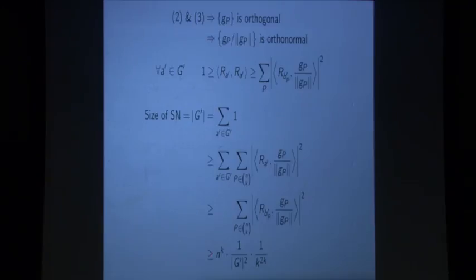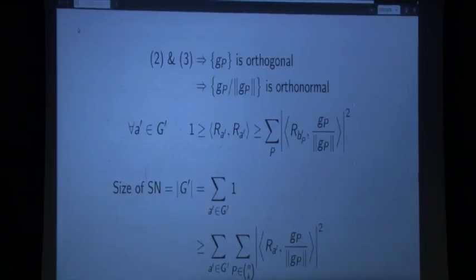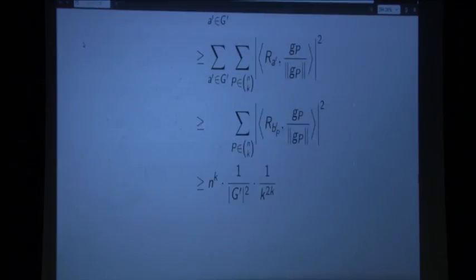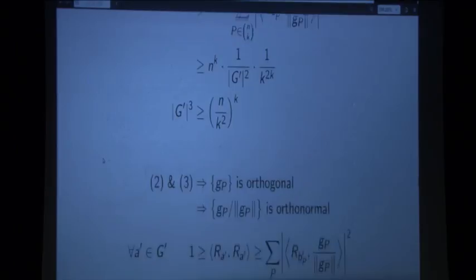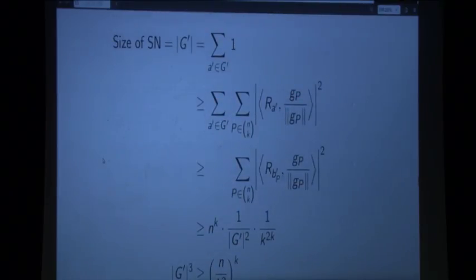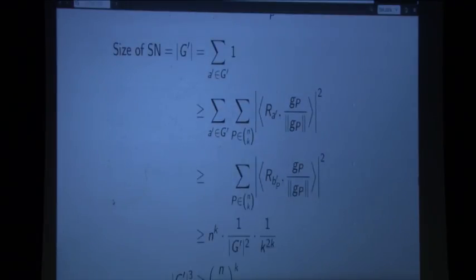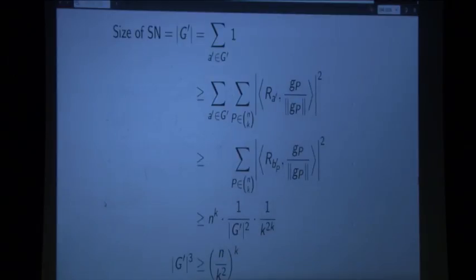Okay. If you have this chain of inequalities, then the size of the graph is polynomially lower bounded by some factor of n divided by some loss, raised to the power k.